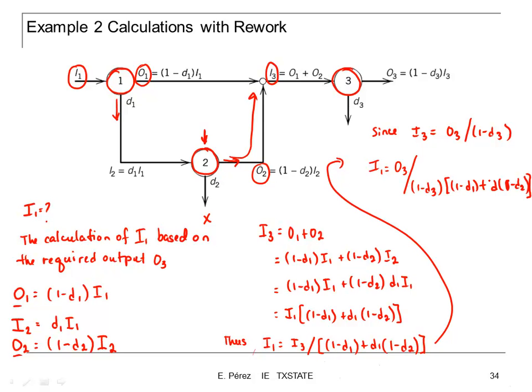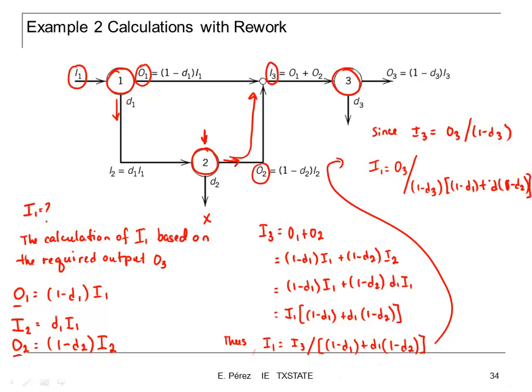So now we have an expression that will let us know, if you know the desired output, which is O3, and you know the number of defectives that you're going to have per station, you can compute the initial input. Yes, sir.